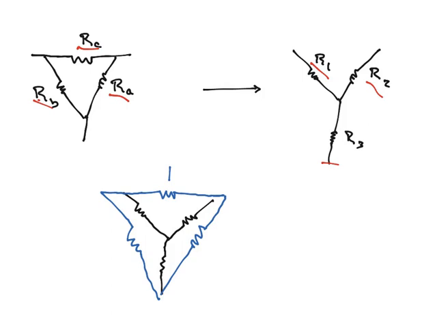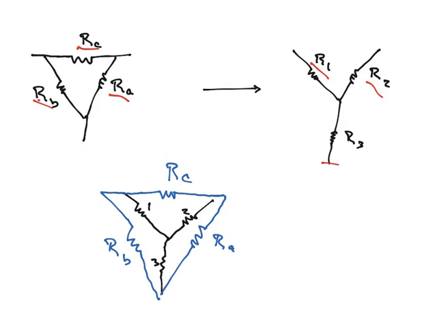So this is C, A, B, and this is 1, 2, and 3. So notice 1 is across from A, opposite to A, 2 is across from B, and C is across from 3.